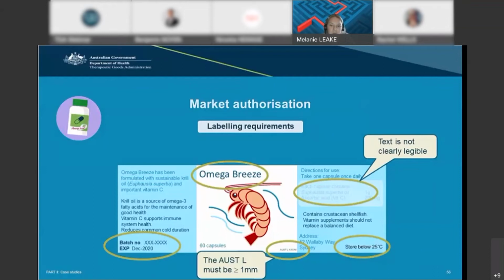Here in our example, the use of the colour behind the active ingredients really makes it hard for those ingredients to be seen, and this would be considered a breach. So all of the information that is provided on a label must be clearly legible, and the label must be durable so it remains intact.